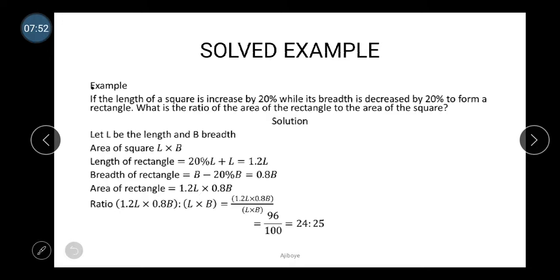We had already discussed in that note that ratio can also be interpreted as division. When we simplify, we will get 96 over 100. In simplifying, the equivalent fraction will be 24 over 25, and that can be expressed in ratio as 24 ratio 25.